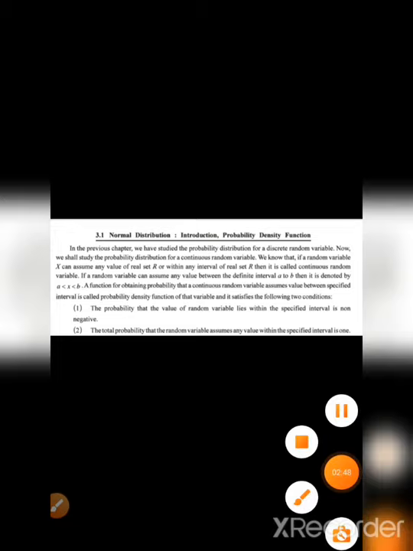So these two conditions are there for the probability density function: first, the value of the probability should be non-negative, and second, the total probability should always be equal to 1.